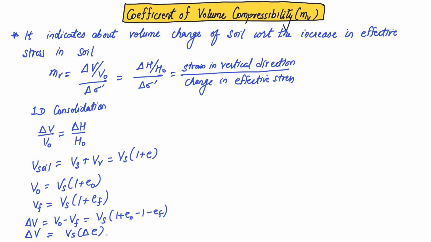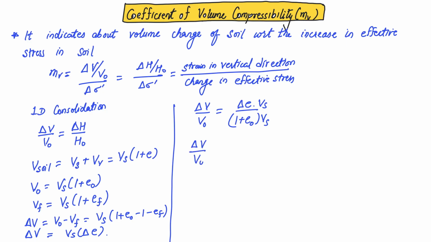Let us put this here. Finally, you can write delta V by V naught equals delta e into volume of solids upon 1 plus e naught into volume of solids. If you cancel out the volume of solids, the term will be delta e upon 1 plus e naught.